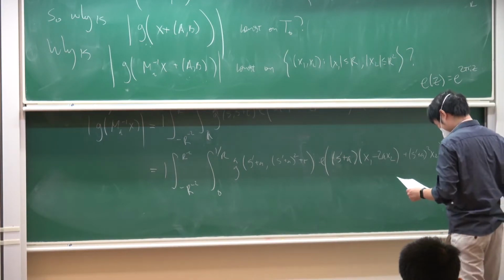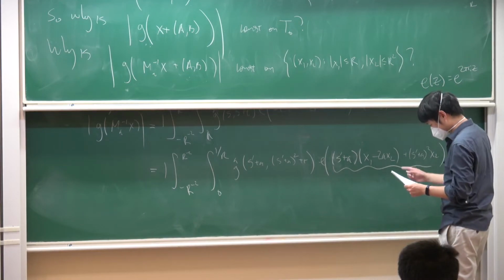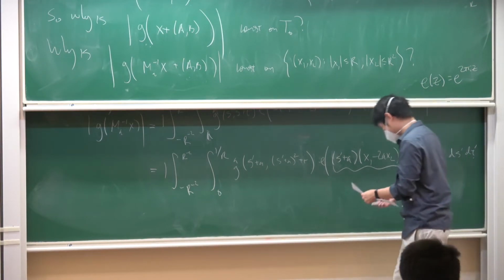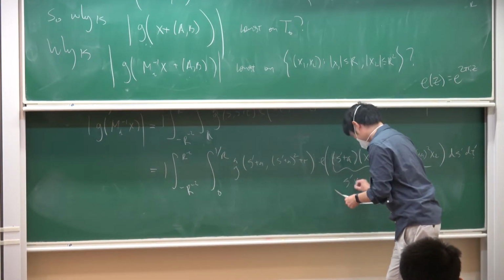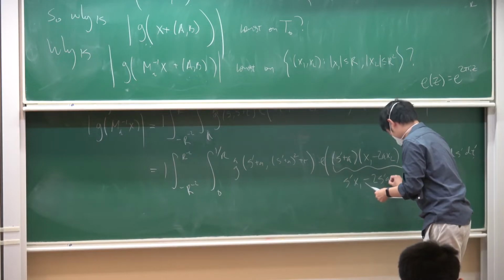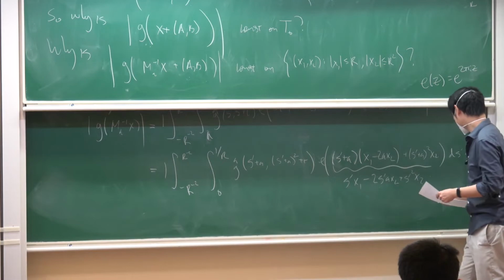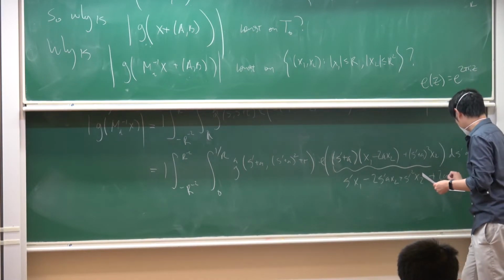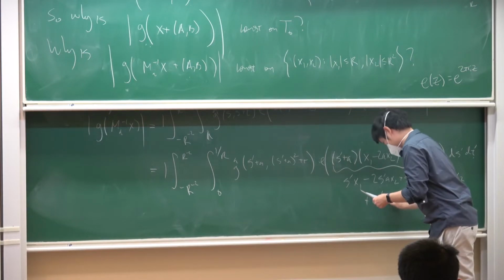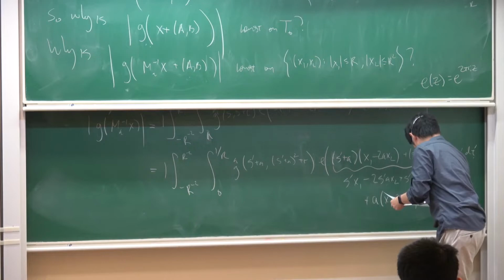And then what do I do? Well, I say, okay, so I'm going to gather up the s primes. So then what do I get? I get s prime x1 minus 2 s prime a x2 plus s prime squared x2 plus 2a s prime x2, and then plus a times x1 minus 2a x2 plus a squared times x2.